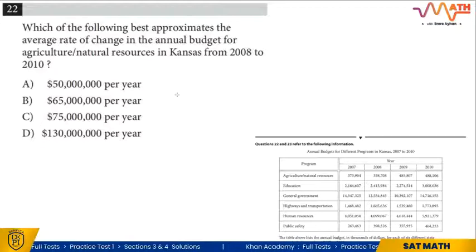So when they ask the rate of change, the average rate of change is important. Let's find out what the change is. This is in thousands of dollars, right? So each one must be multiplied by 1,000.